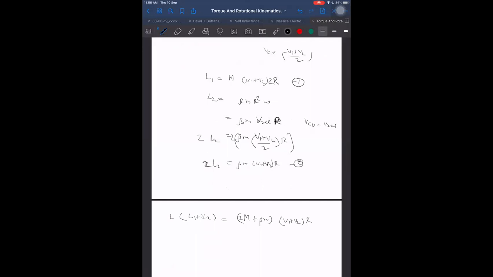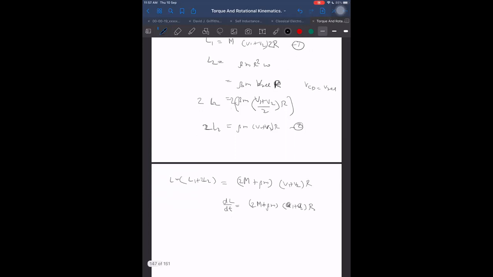Is it right till now? Angular momentum is this. After that, rate of change of angular momentum with respect to time is (2m plus beta m) into (v1 plus v2), its derivative will be (a1 plus a2) into r. That is it.